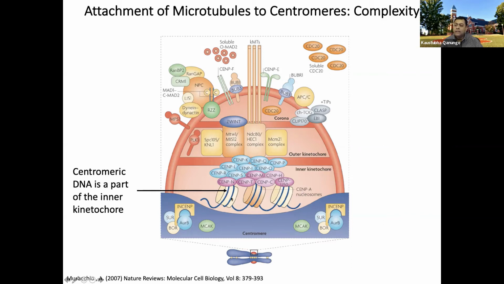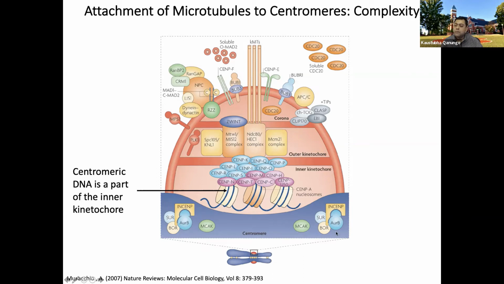So why is this so? Because this makes this region very special for a particular kind of association with the microtubules. Along with that, the only thing I'm pointing out is this CENP-A nucleosome, which is the only name that you require. And another thing that we will talk about much later is this ORB.